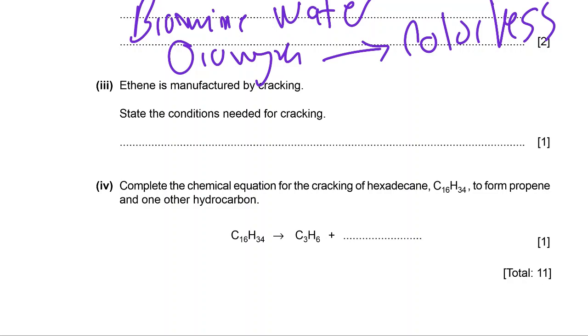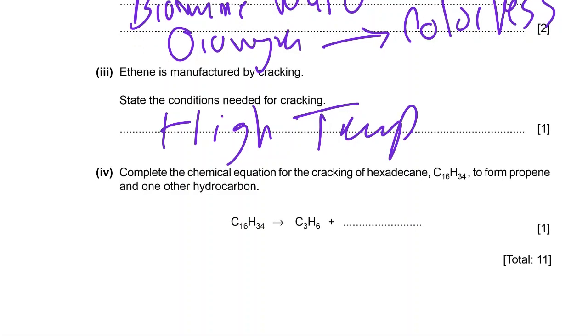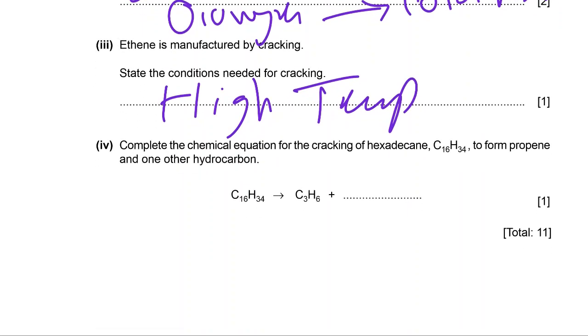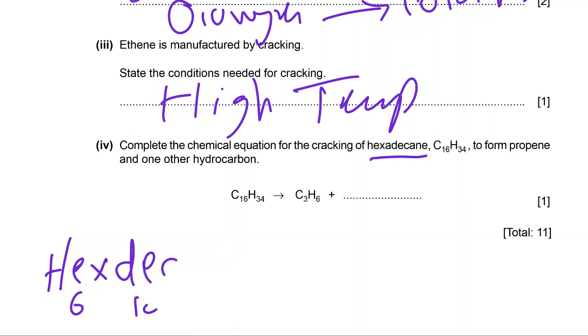Ethene is manufactured by cracking. State the condition needed for cracking. What do we need? We need high temperature. And here we have an example of cracking. Complete the chemical equation for the cracking of hexadecane. Hex is 6, dec is 10, and ane, so you have 16 carbons.